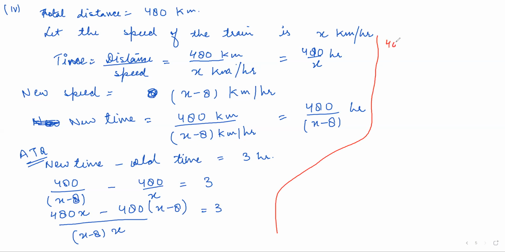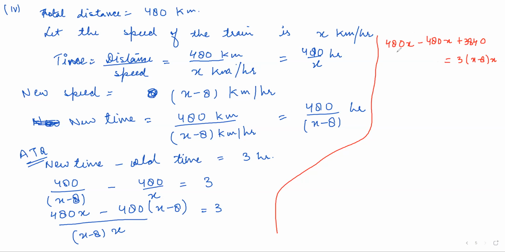I have 480x, and opening the bracket, minus 480x plus 480 into 8. 8 into 8 is 64, write 4, carry 6. 4 into 8 is 32, plus 6 is 38. So 3840. And that is equal to 3 into x minus 8 into x, correct?